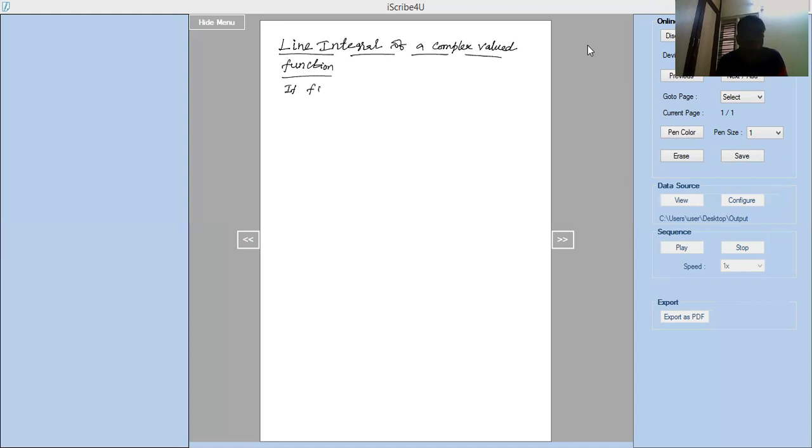Here, what they'll give is f of z equal to u plus iv, which we will usually take. Already you studied this in complex variables 1.